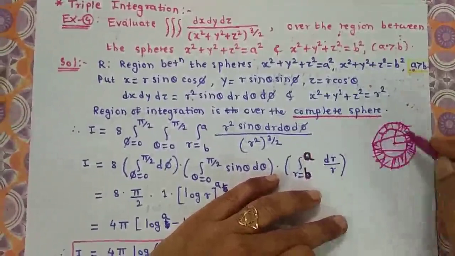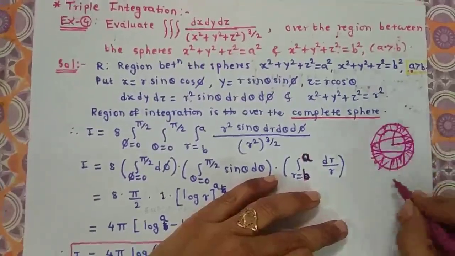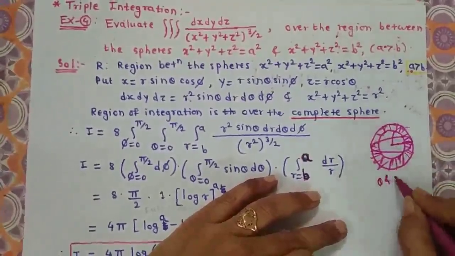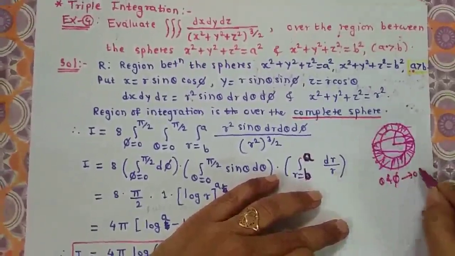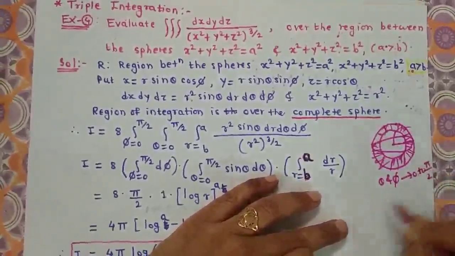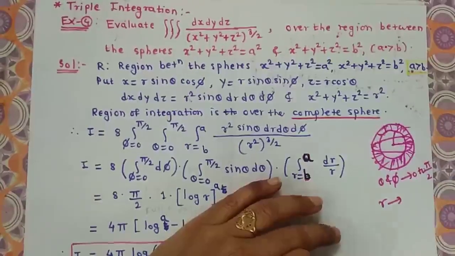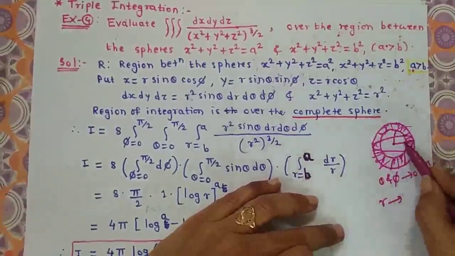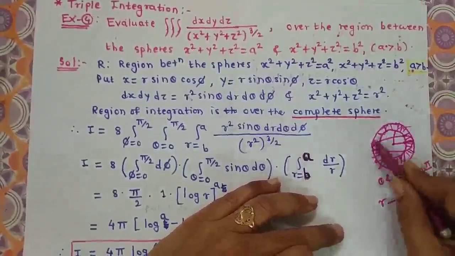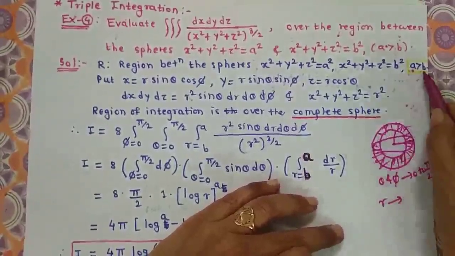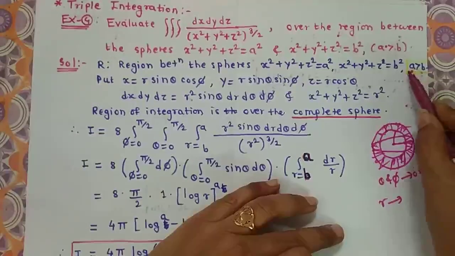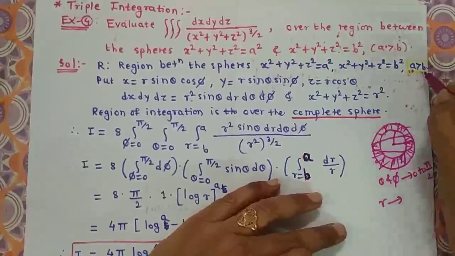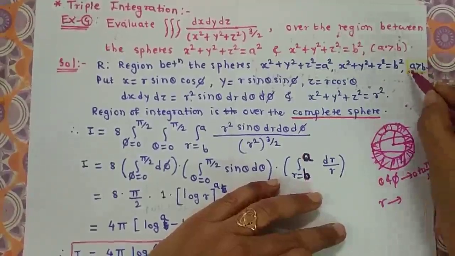So this is our region of integration, means we evaluate the integration throughout the volume of this region, right? Throughout the volume our theta and phi vary from 0 to pi by 2. But what about r? Here only r is different. Here our r varies from the radius of the small sphere to the radius of the big sphere. Here the smaller radius is b and the bigger radius is a.